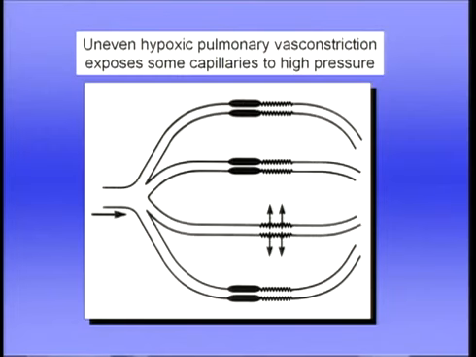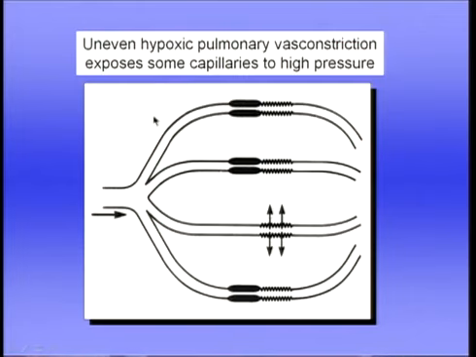But hypoxic pulmonary vasoconstriction occurs at all ages, and it can be a real nuisance at high altitude. At high altitude, the pulmonary vascular resistance increases, pulmonary artery pressure increases, and there's no clear advantage in that at all. In fact, there is a serious disadvantage in some people, and the reason is shown here. It turns out that in some people, the hypoxic pulmonary vasoconstriction is uneven.